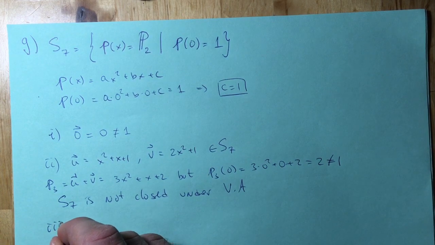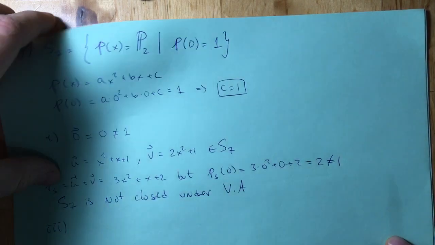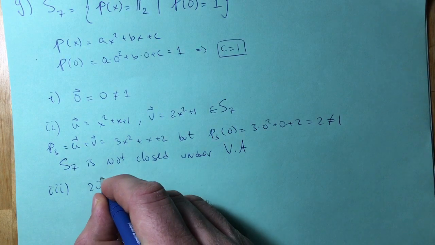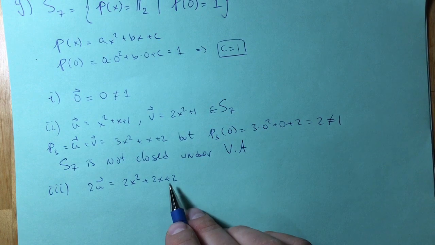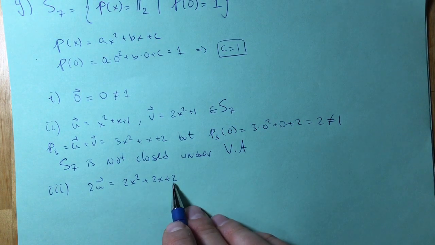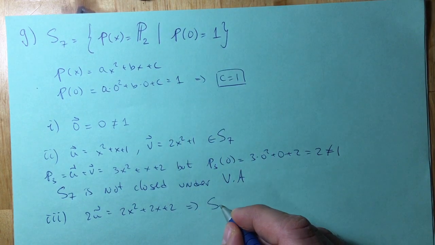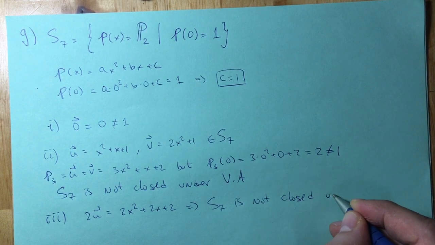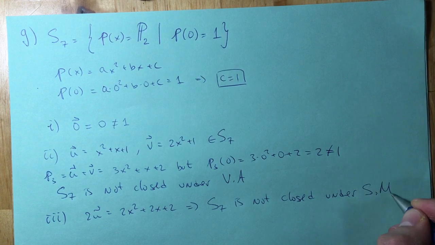And condition number 3, okay, let's take this u here and multiply it by the number 2. 2 times u is equal to 2x squared plus 2x plus 2, and as you can see the constant term is 2, which means that this polynomial evaluated at 0 will give me 2 and not 1, which means that S7 is not closed under scalar multiplication.